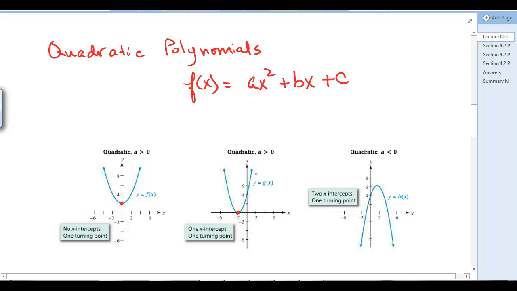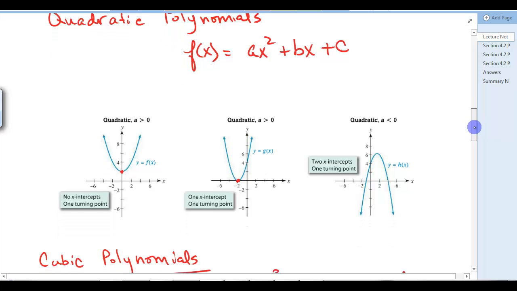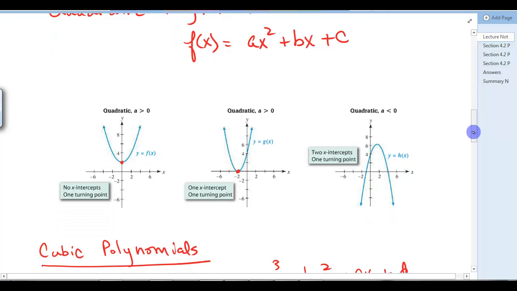Now, we also could have had this, where you have one turning point and two x-intercepts. So just be aware, you could have up to two x-intercepts and one turning point. All right, and this one was the negative.